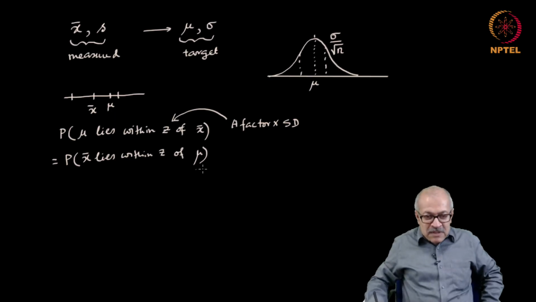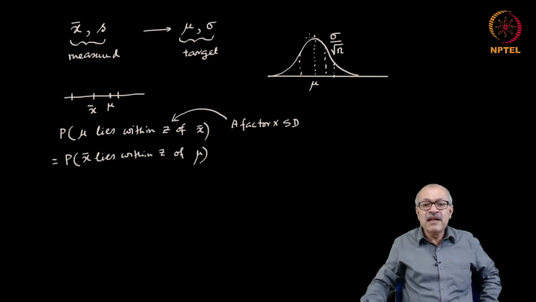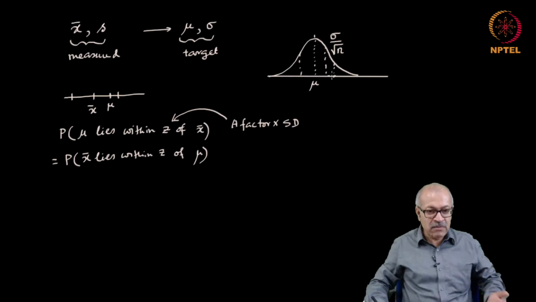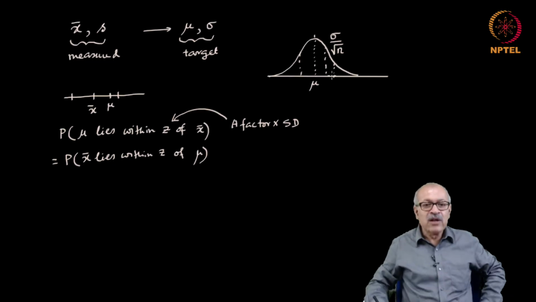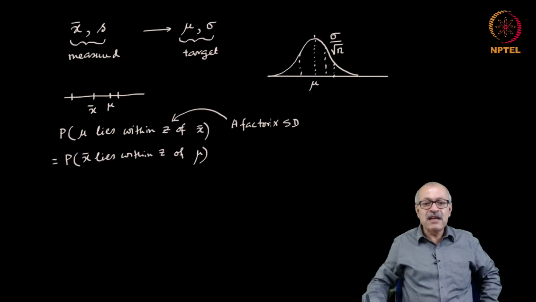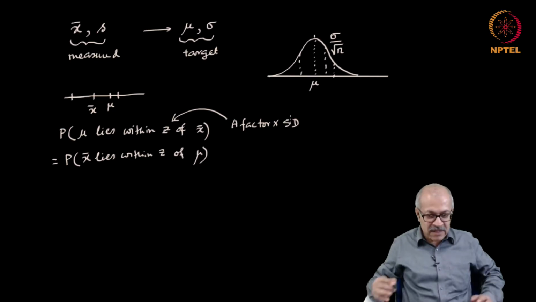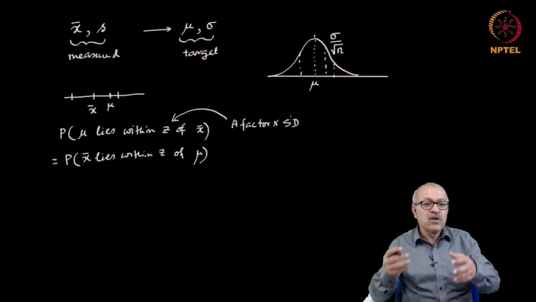Now, if we express it this way, then it is possible to obtain it, because for each value of z, for example, if the z is here, the area under the curve to the left of z can be found from the z table, and from there we can solve the problem. So, the z value is a factor, a multiplier of the standard deviation, something times the standard deviation.